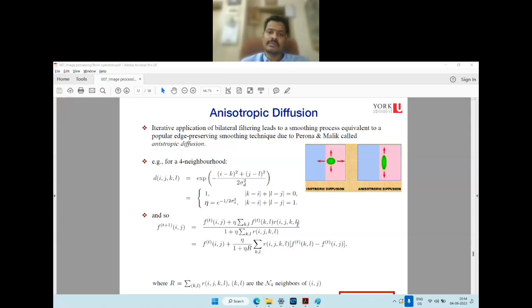When we try to sharpen an image, edges get very clear. But in the case of sharpening, we may lose the internal information with respect to an object in an image.